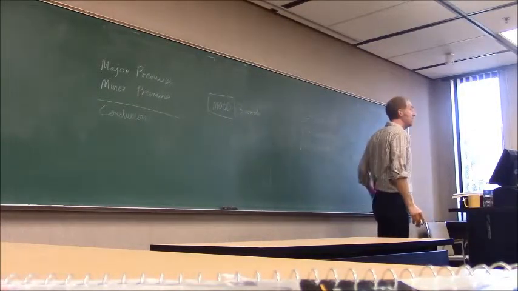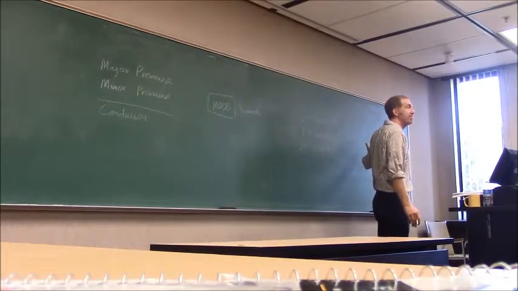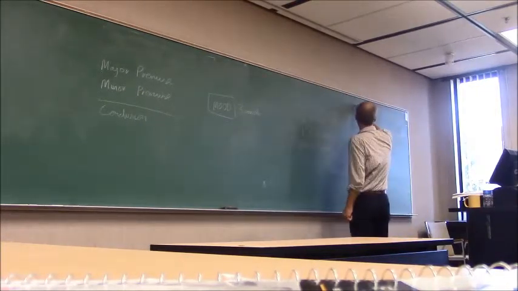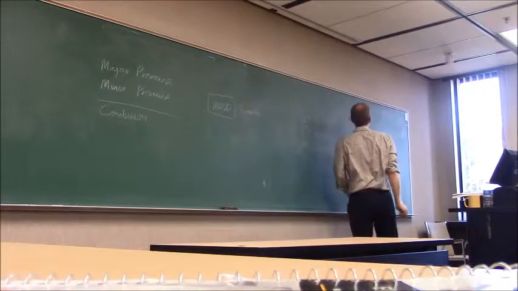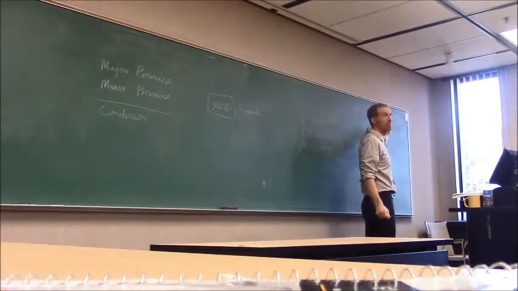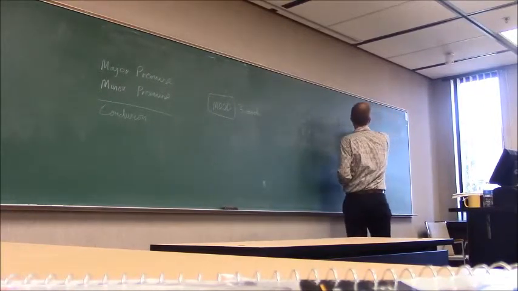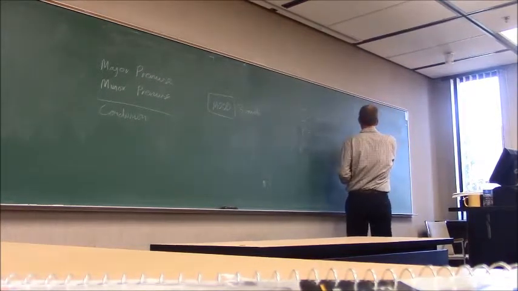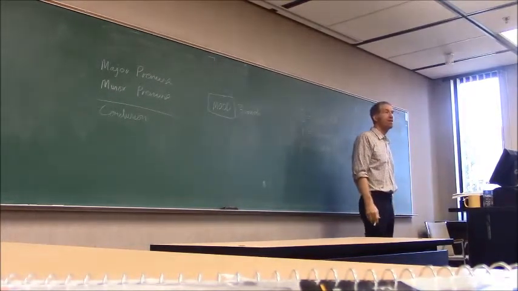Guess what the mood is of this? Exactly right. Why? Because the first letter represents the form of the major premise, the second letter represents the form of the minor premise, the third letter represents the form of the conclusion.